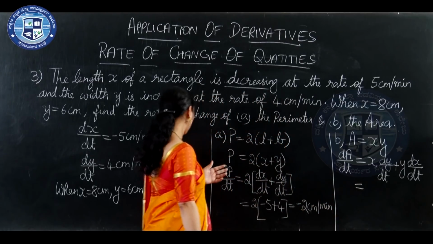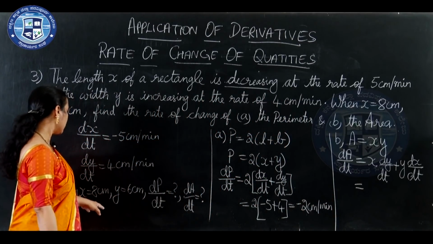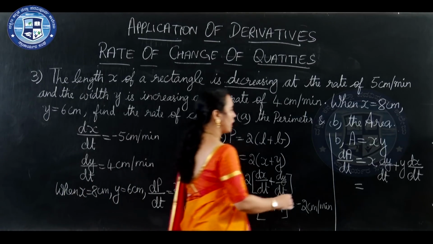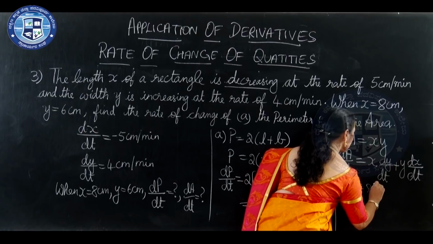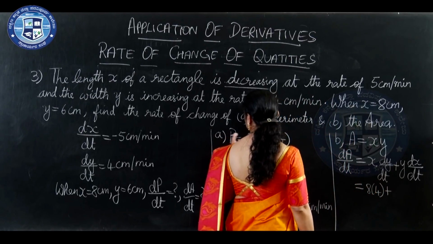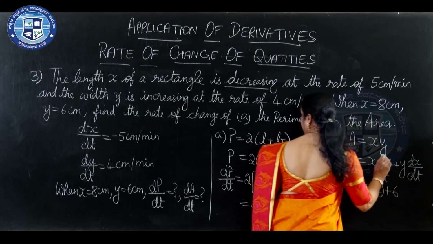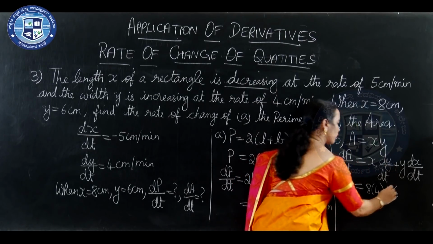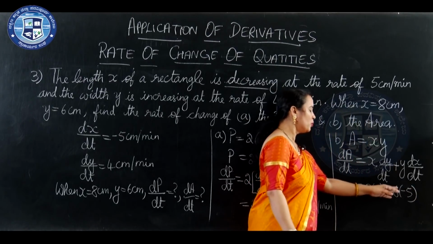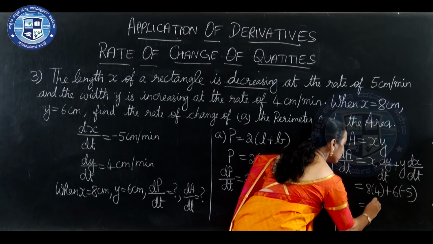Substitute whatever you have. X is 8, dy by dt is 4. So, you will have here 8 into 4 plus y is 6 and dx by dt is minus 5. So, 32 minus 30 will give you 2.